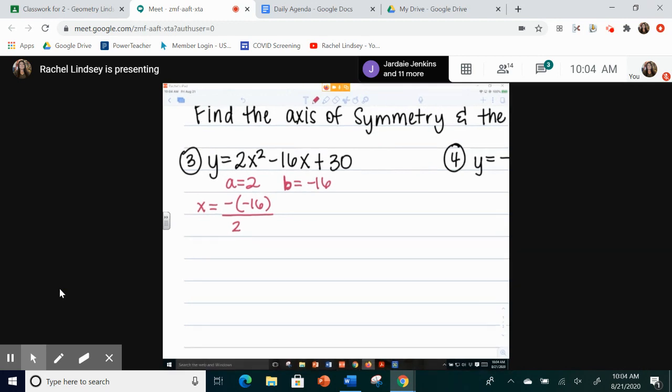Okay, so negative times negative gives me a positive 16 over 2 times 2 is 4. And what's 16 divided by 4? 4. So my axis of symmetry is x equals 4. Then I need to find my vertex.